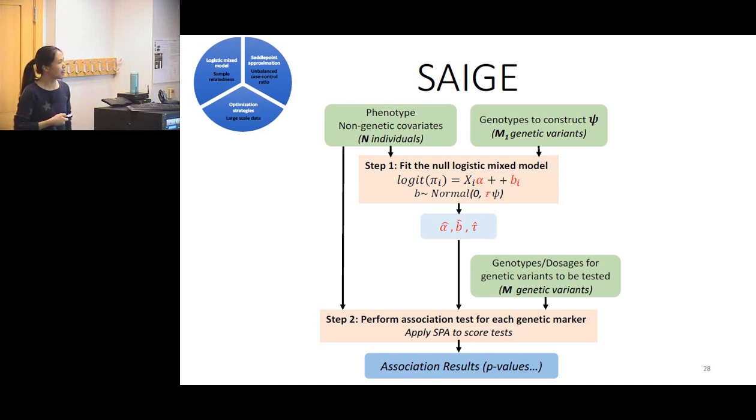Notice that this is the null logistic mixed model, so we don't include any genetic effect here. Then for each genetic marker, we use the parameters from step 1 to perform the score test. And we apply the saddle point approximation to the score test statistic and get our association result.